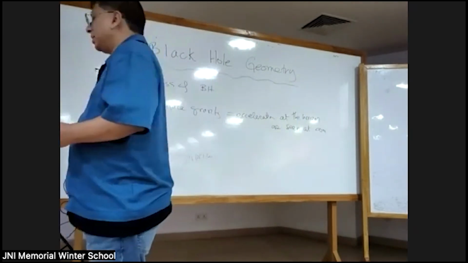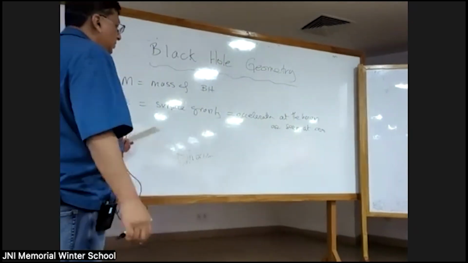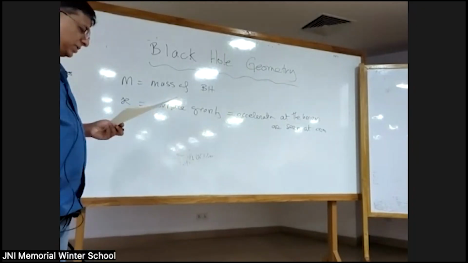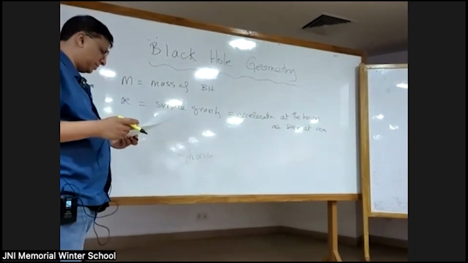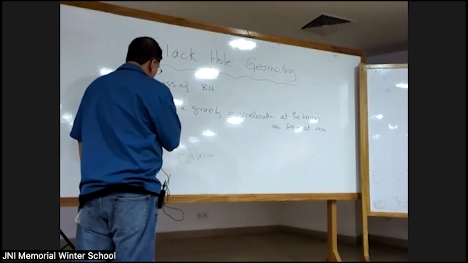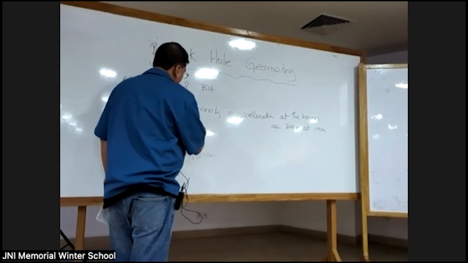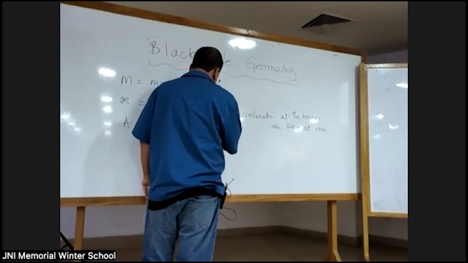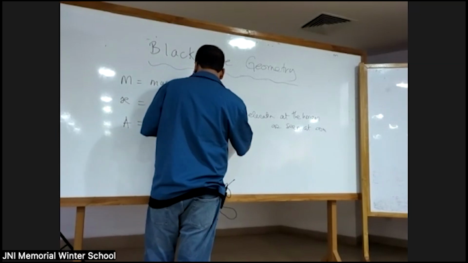You have to actually do an example to see what this means. A is the area of the event horizon.